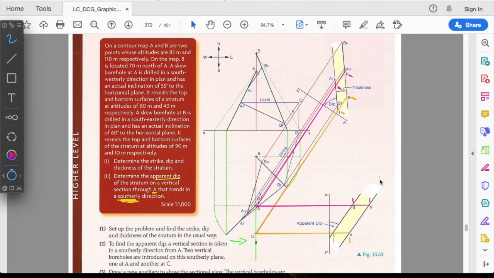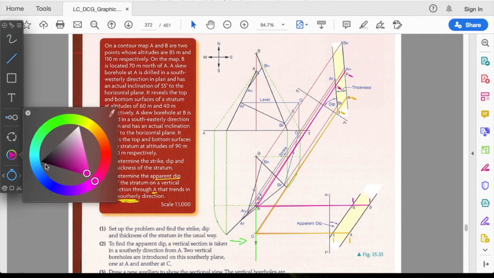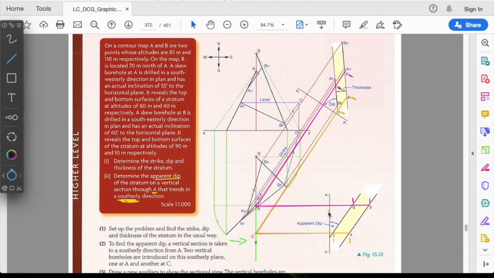So those two heights put in. Then once you join those up to each other, so ST and TQ and SP, we get where the stratum would be if we were to cut it at this point.